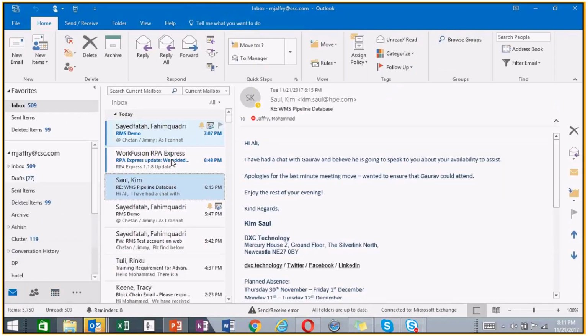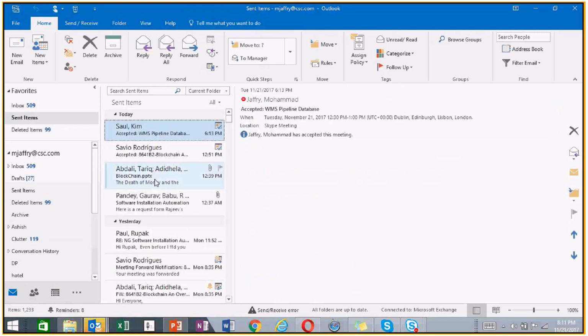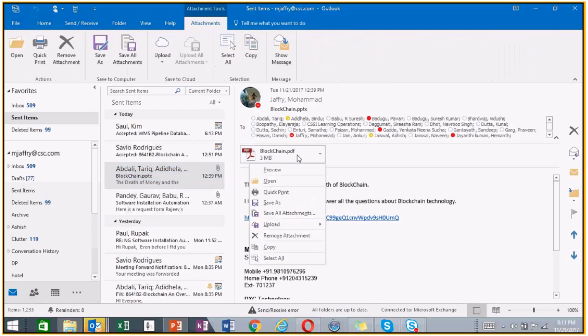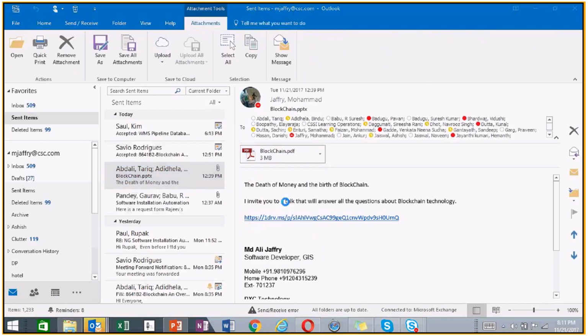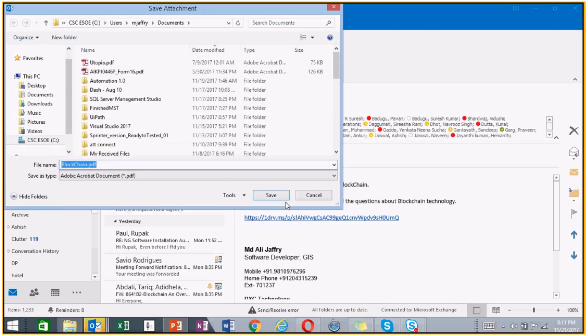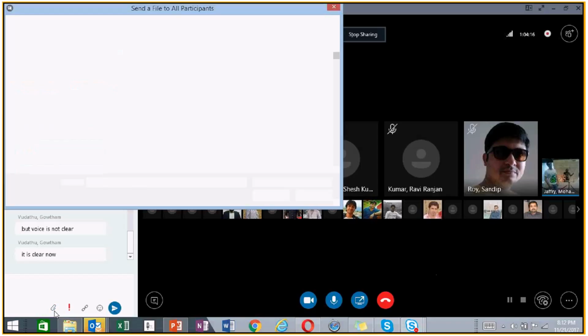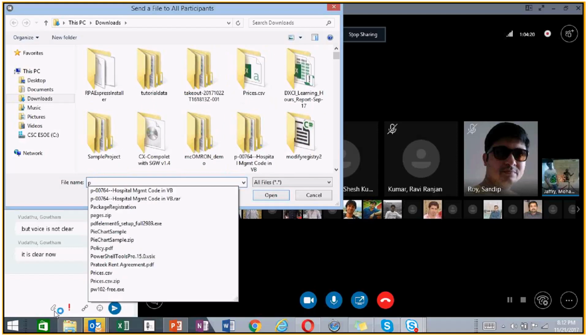Just a minute. Let me download it. I downloaded it and I'm sharing it as a PDF. Is it okay, or do you want it in PowerPoint? Guys, somebody asked me a question. Do you want it in PowerPoint, or is sharing it as a PDF fine?